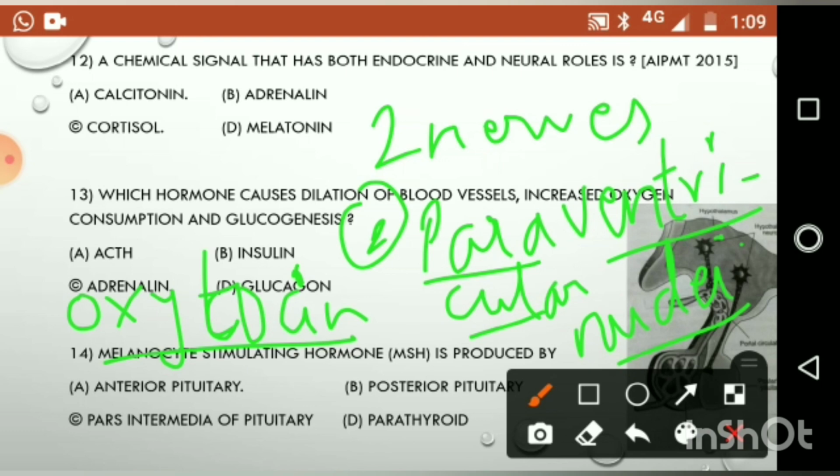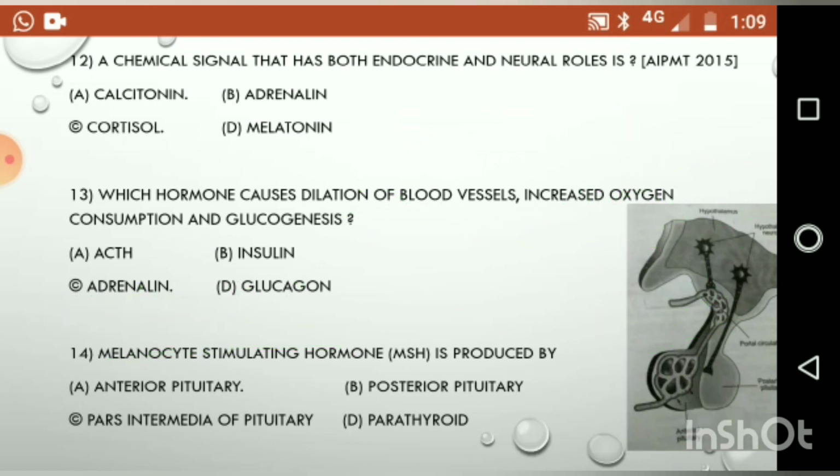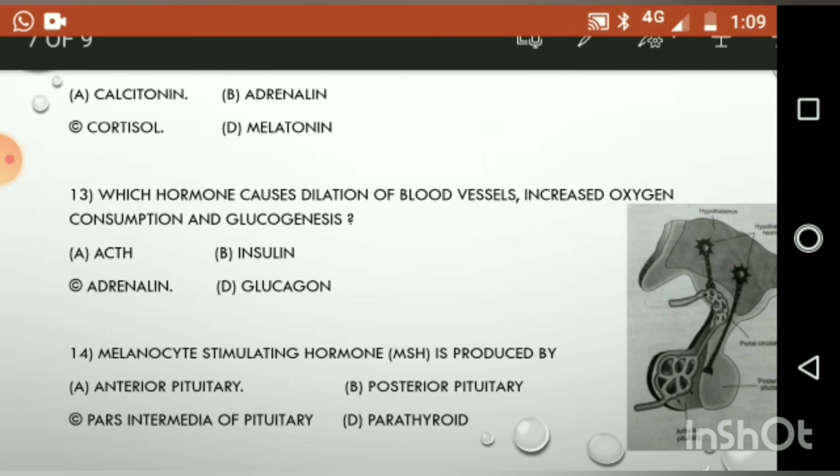So these are the two nerves in the posterior pituitary, the supraoptic nerve and the paraventricular nerve. I hope you understood this.